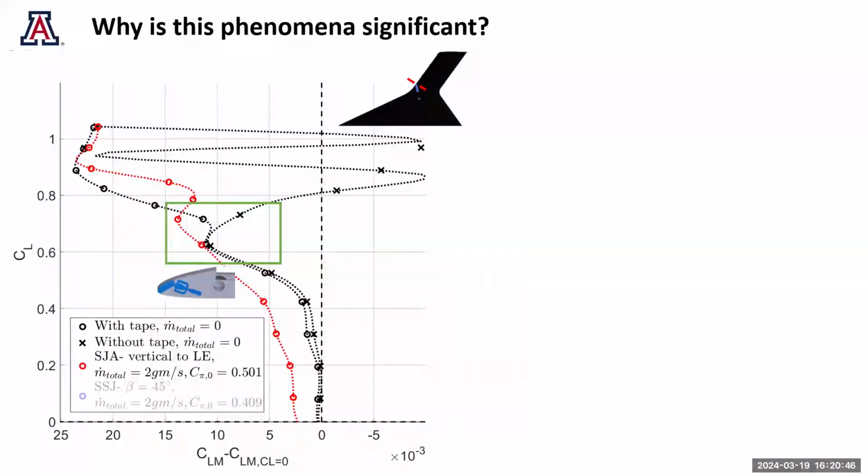Now at this slot, if we introduce a sweeping jet actuator, which is basically a pneumatic jet that sweeps, and we orient it vertically, it acts like a fluidic fence. So it affects how the span-wise flow moves over the outer wing. If we actuate this actuator, we see that this entire nose down pitch behavior is negated, and we get this red curve.